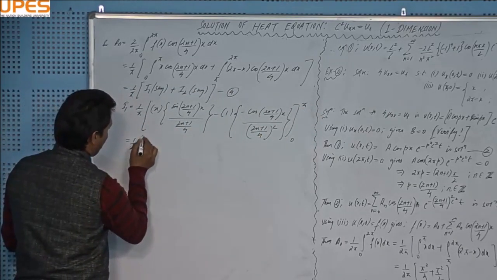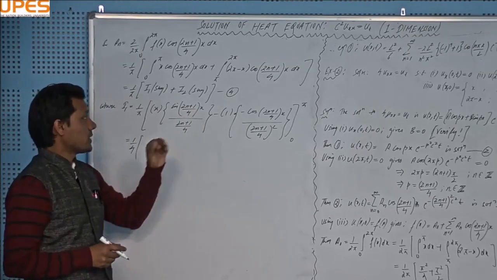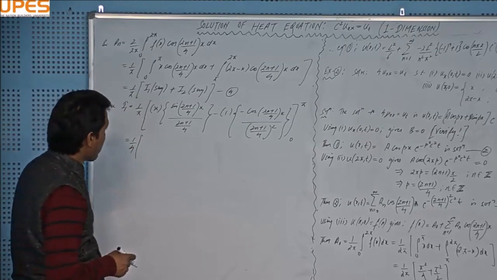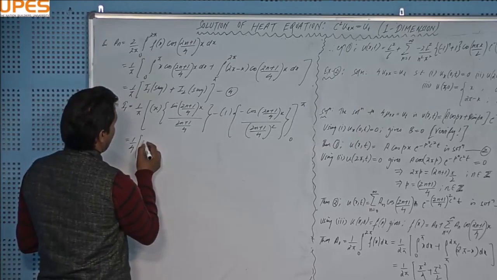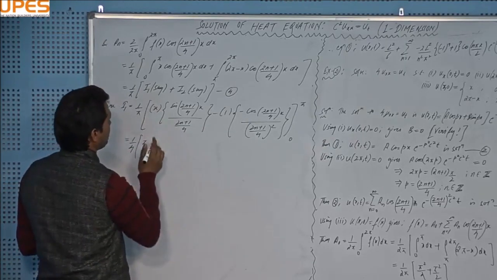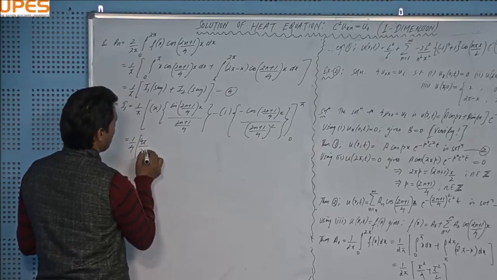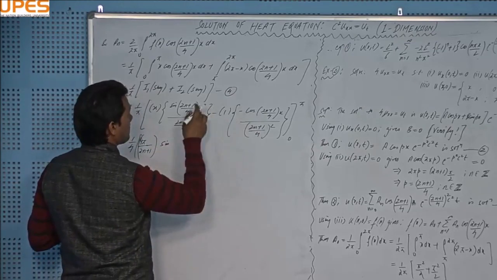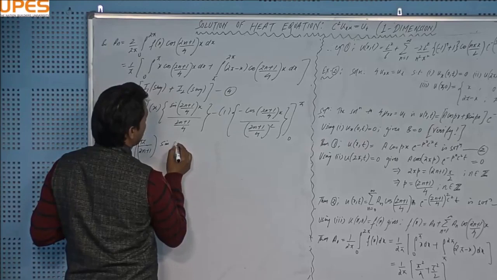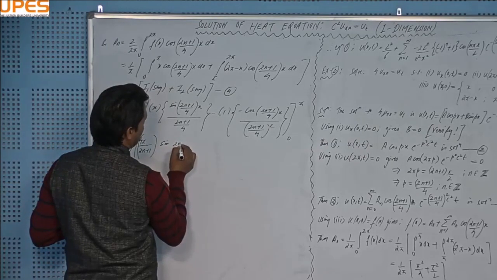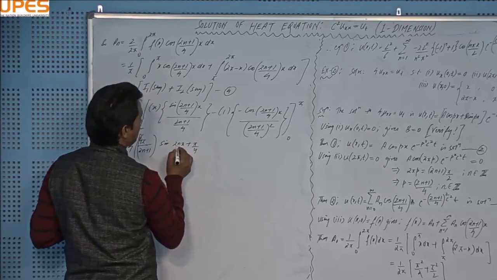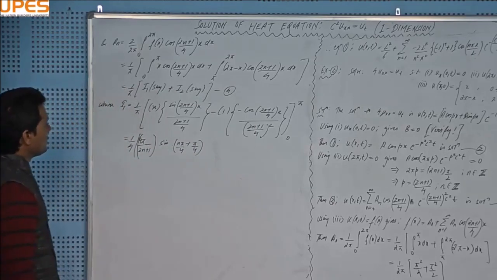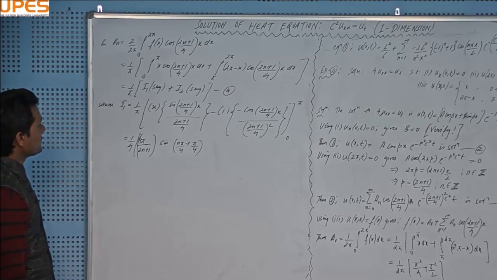The argument (2n plus 1)/4 pi will become n pi by 2 plus pi by 4, and this will go here as 4 over (2n plus 1) times sine(n pi by 2 plus pi by 4).